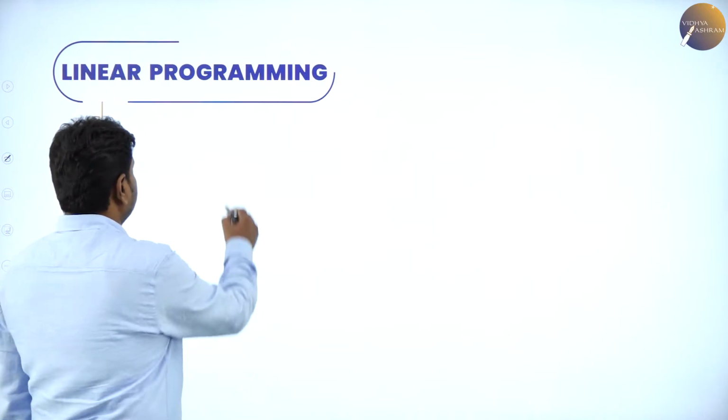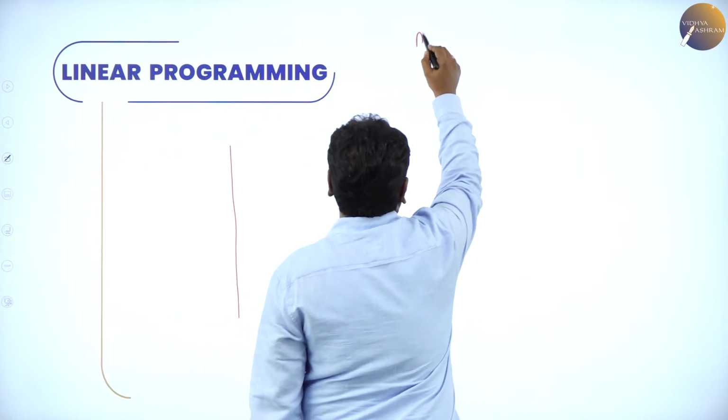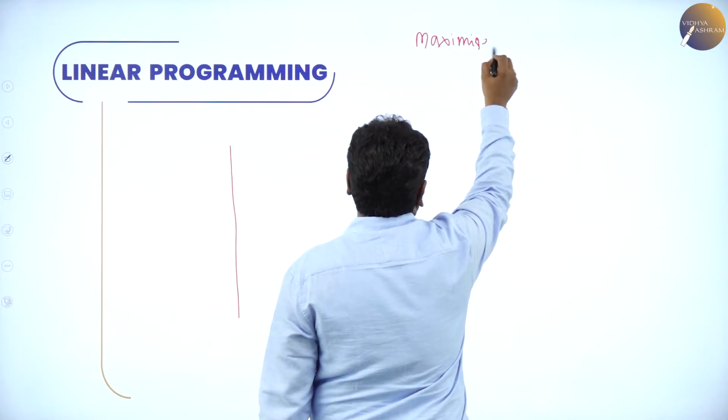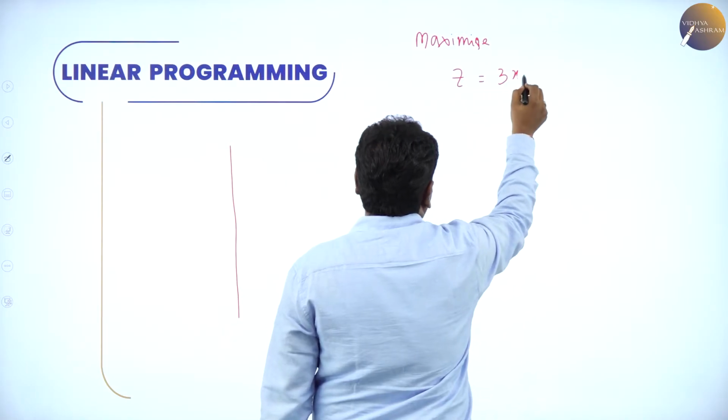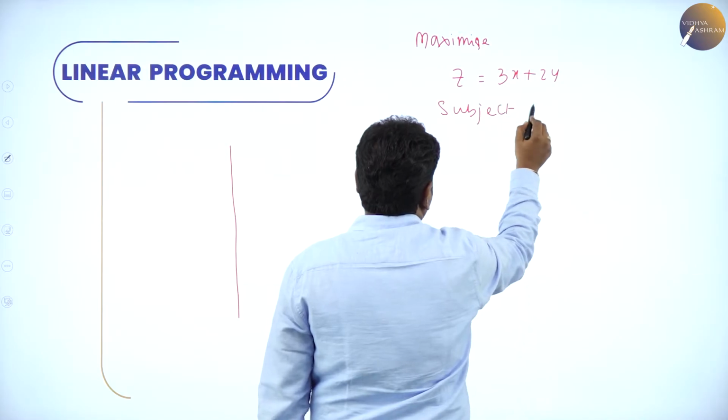For example, if I take a graph, they'll give a problem like this: maximize z equal to 3x plus 2y subject to conditions.